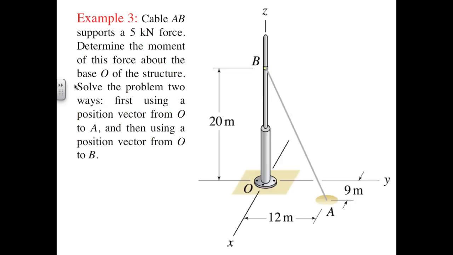Finally, in our last example, we have a column that is supporting a cable AB in tension.